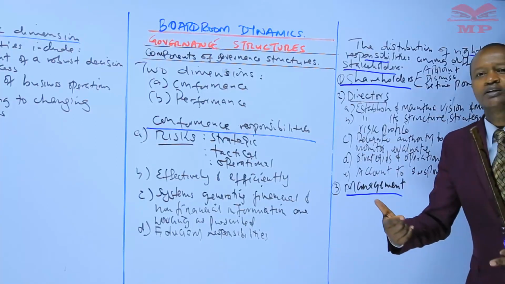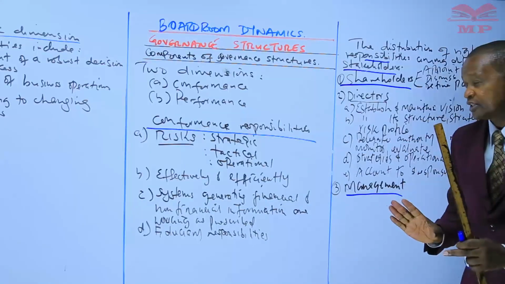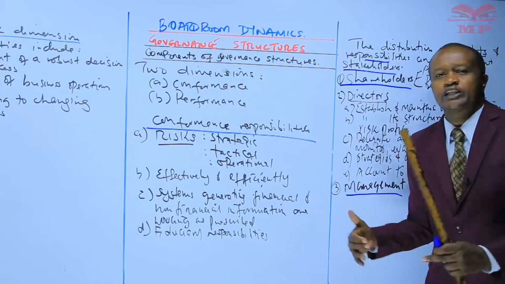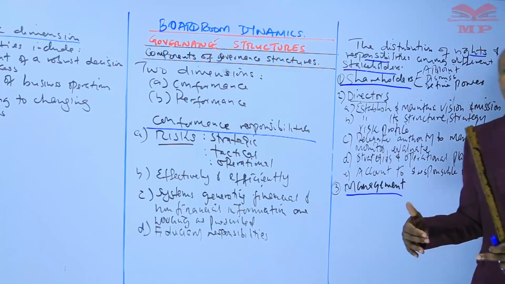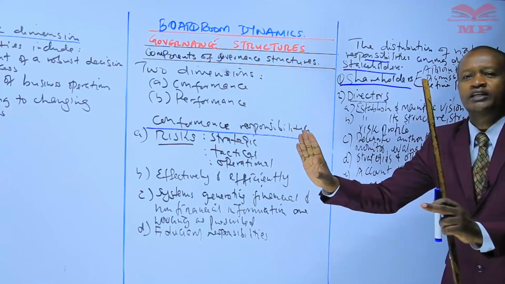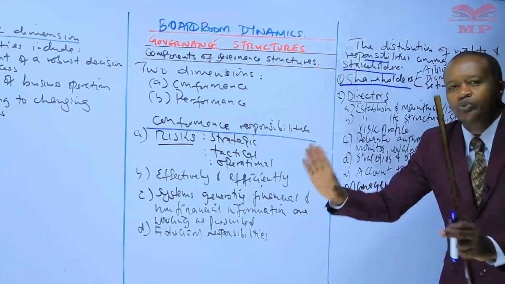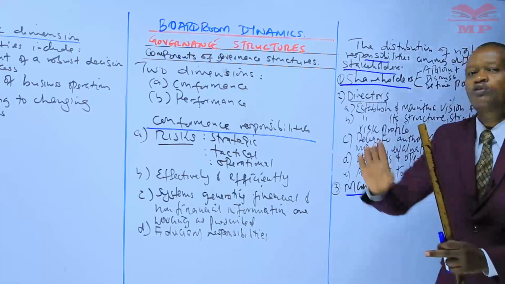So managers may be unable to implement the board strategy if their powers and responsibilities are constrained. However, with too much power also, the risk exists that management will lose touch with the interests of the board.